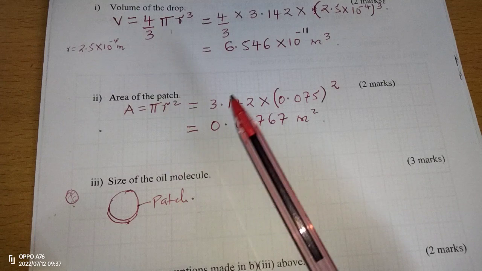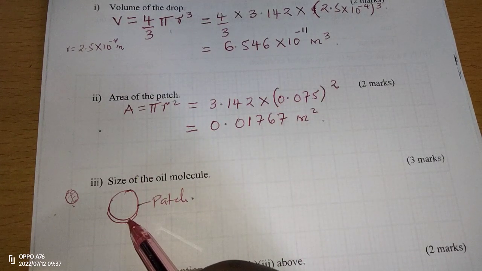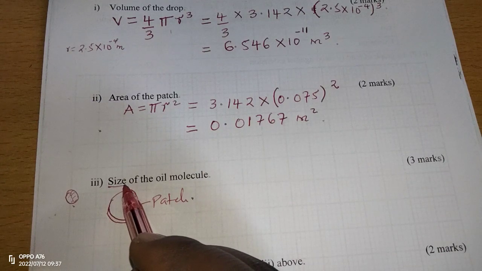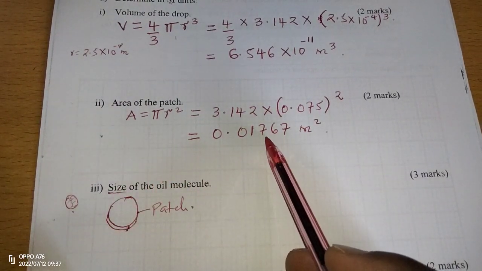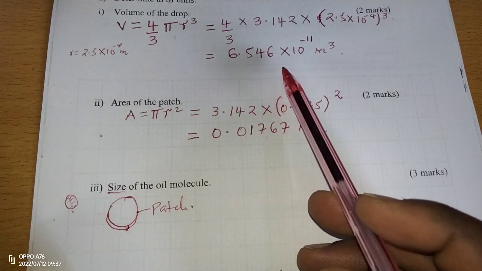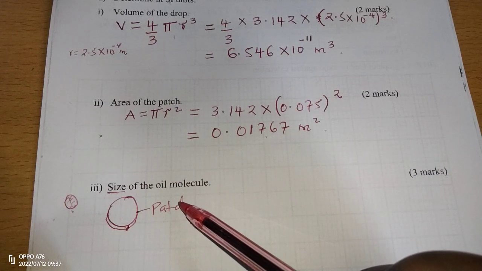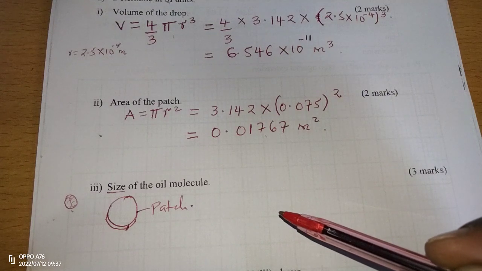Therefore, it is cylindrical such that the height of the cylinder will give us the size or the thickness or the diameter of one molecule. For that matter, we will say the volume of the oil drop we calculated in (i) is equal to the volume of the circular patch, or the volume of the same drop after it spreads to a circular patch.